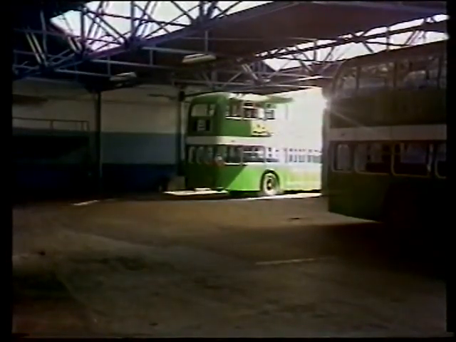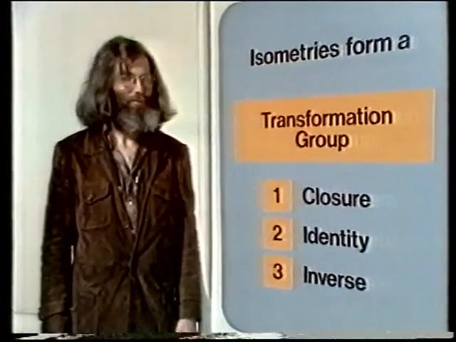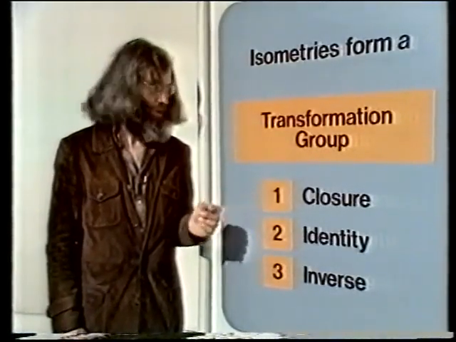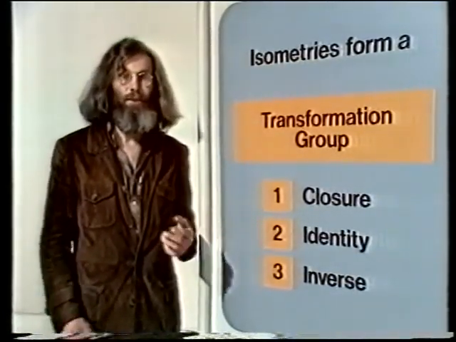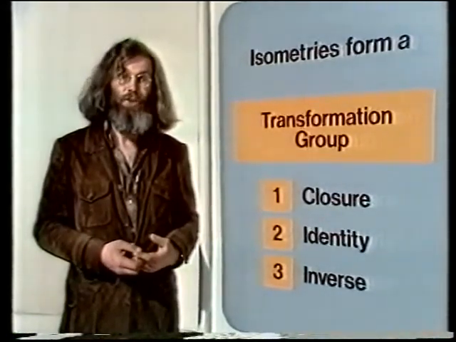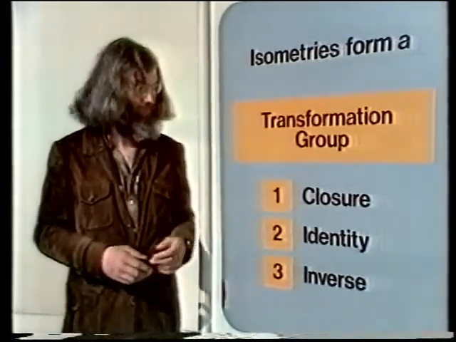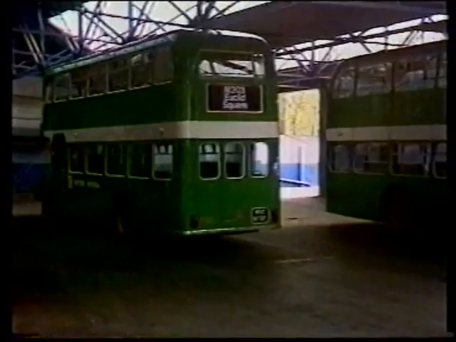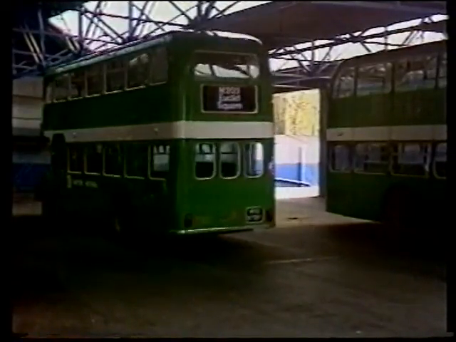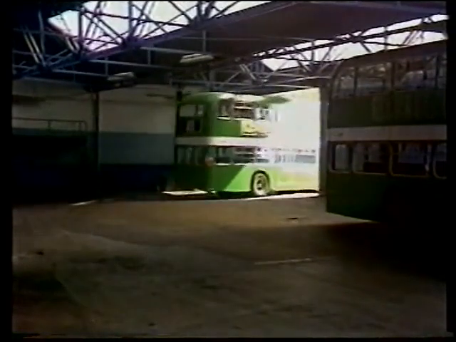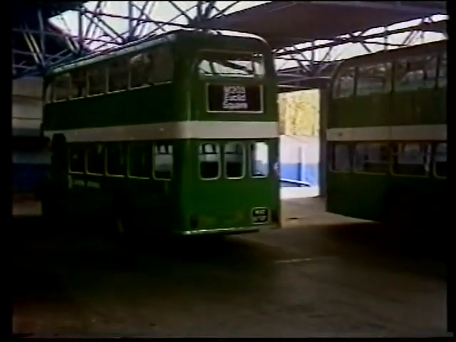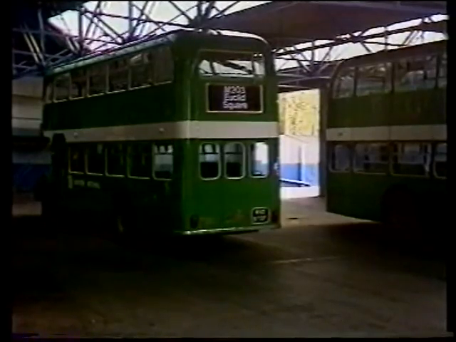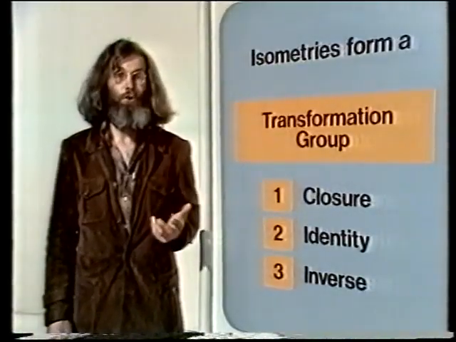Distances are still preserved, in other words. So that's closure. Well, the second property is identity. Well, there's obviously an identity isometry. You just leave an object where it is. And thirdly, inverse. Given an isometry, then its inverse is still an isometry. So the isometries do form a transformation group.